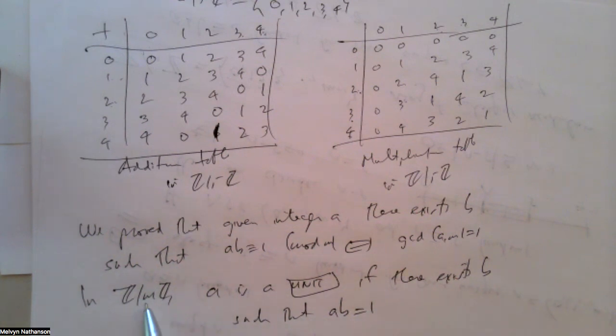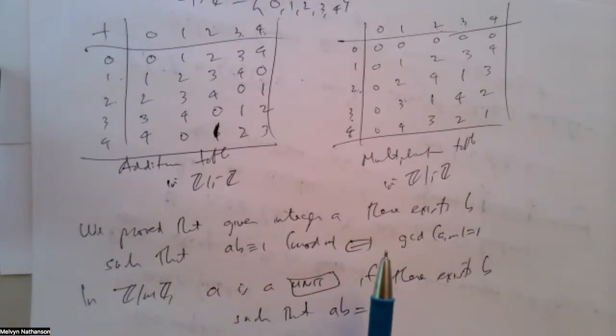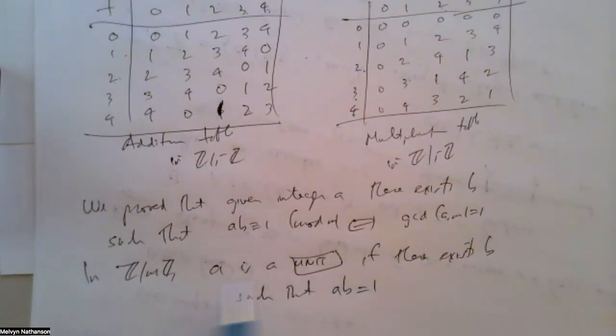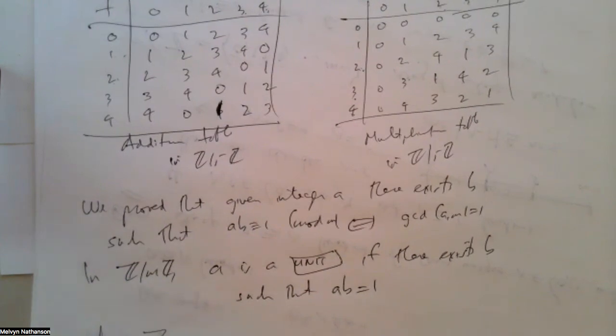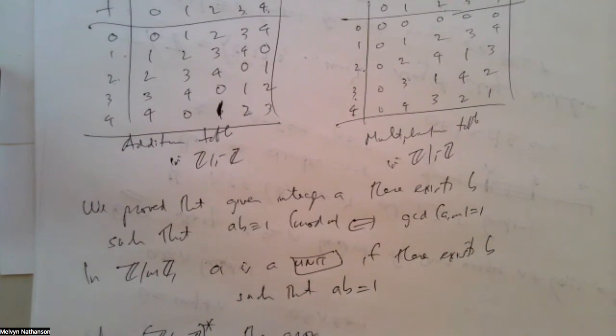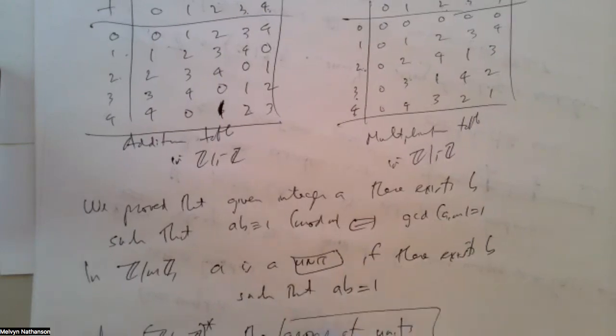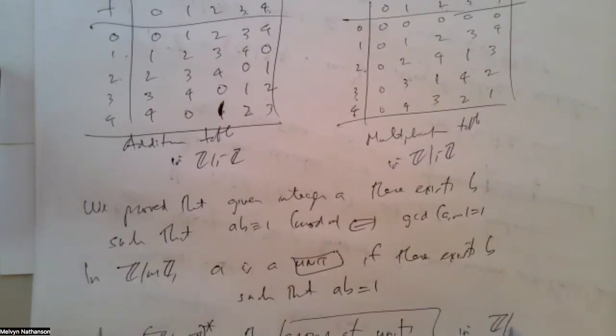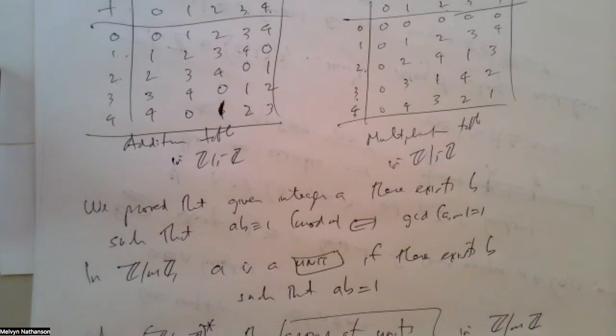Equals 1 in Z mod mZ means congruent to 1 mod m. And we let Z mod mZ star, this is called the group of units in Z mod mZ.